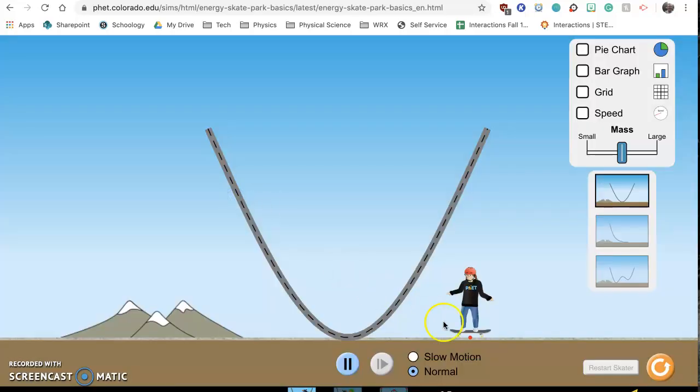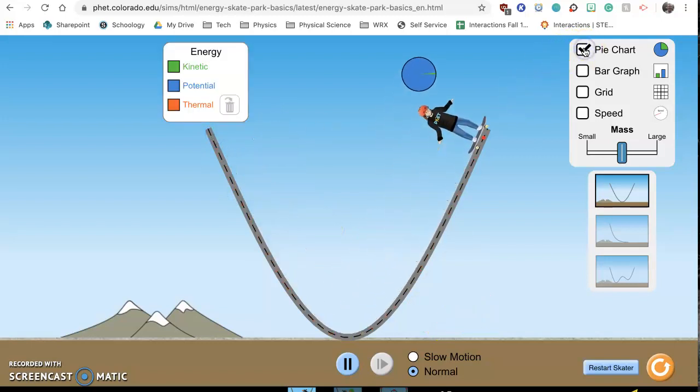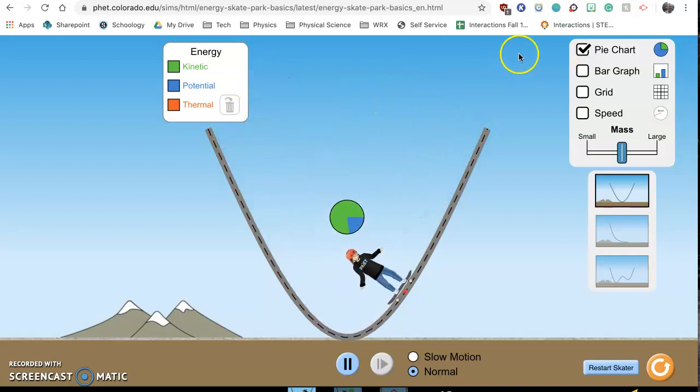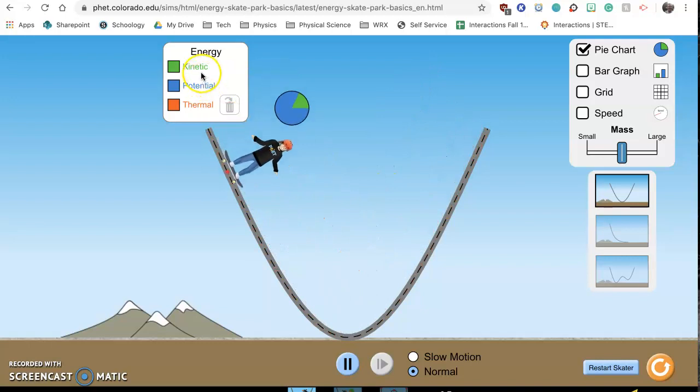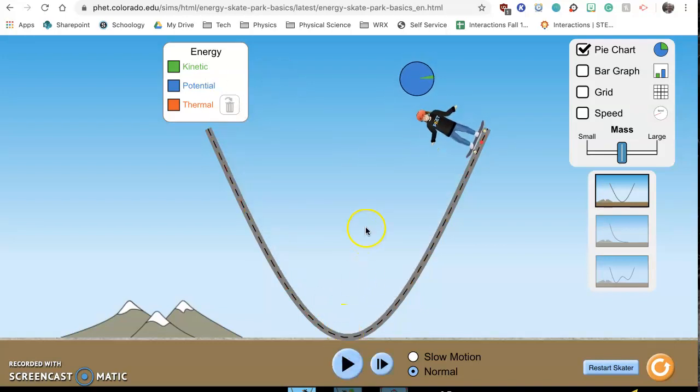I could go here, add my skater boy up there, and add my pie chart, and I can see my energy is transforming back and forth from kinetic to potential. Now, if I were to pick a trend, I would say at the top here, he's got a lot of potential energy because he's really high up, whereas at the bottom here, he's got a lot of kinetic energy.